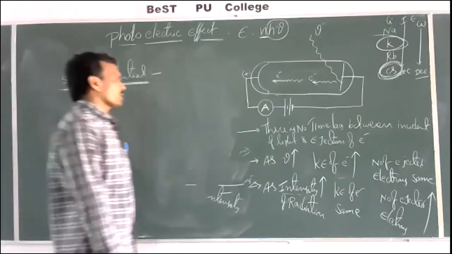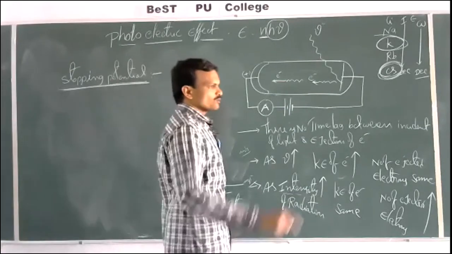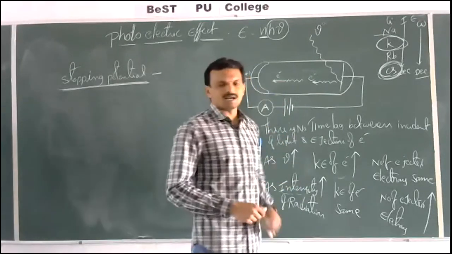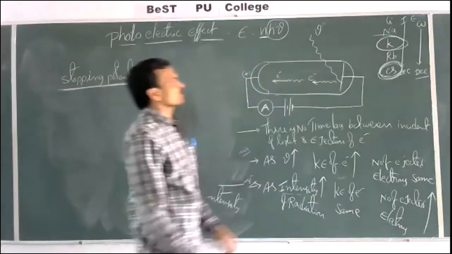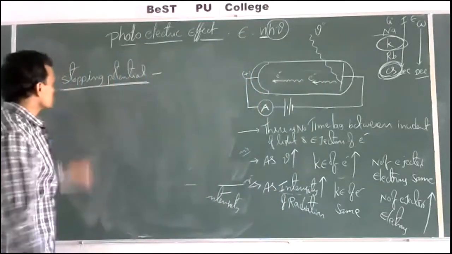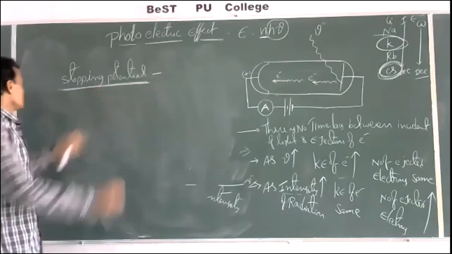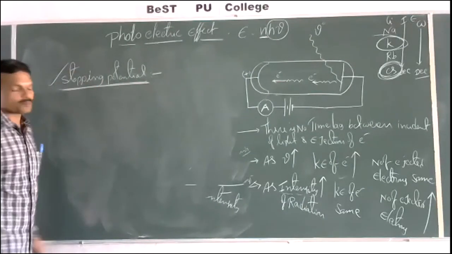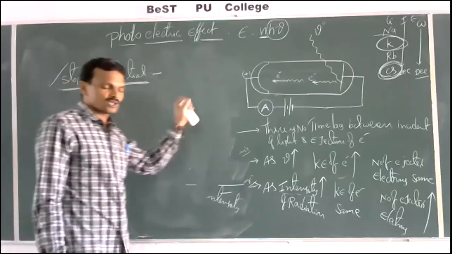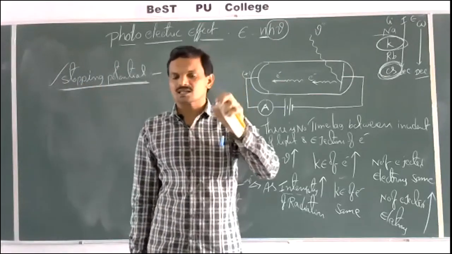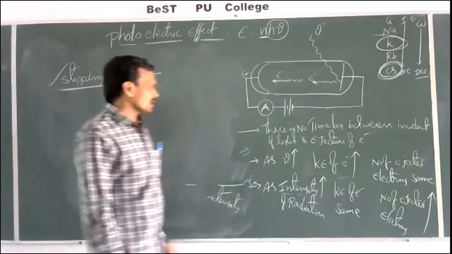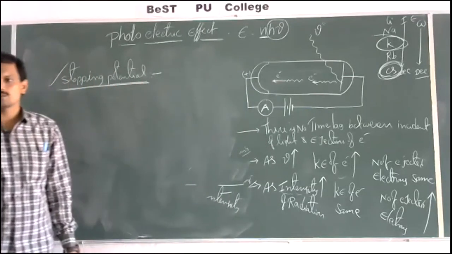It means if you apply energy which is equal to or more than the kinetic energy of the electron, then we can stop the ejection of electrons from the surface of this metal. That is known as stopping potential. So just remember, wherever I use the term stopping potential, it is equal to the kinetic energy of the ejected electrons. Kinetic energy is equal to stopping potential.